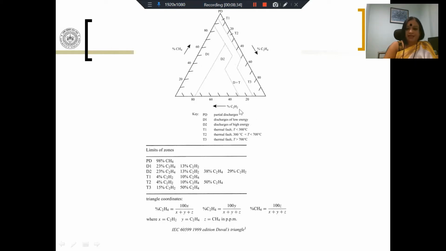So on the x-axis, you have C2H2, C2H4, and here you have CH4. So along the 3 axes, you have the percentages of 3 gases. And depending upon the contents of these 3 gases, you can locate a gas sample anywhere within this triangle. Now, as you can see, this triangle is divided up into various regions: D1, D2, D plus T, T3, T2, T1. What are these regions?